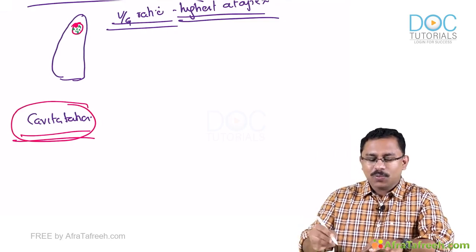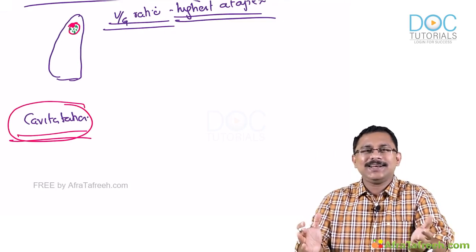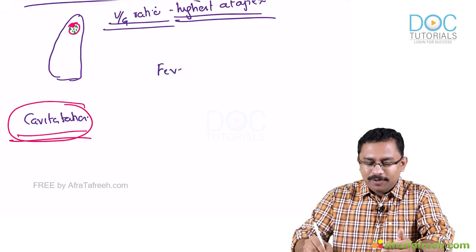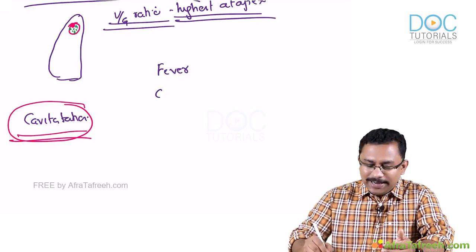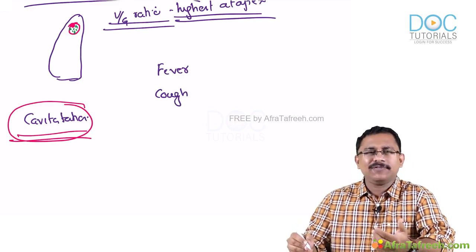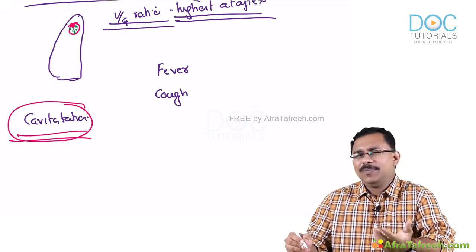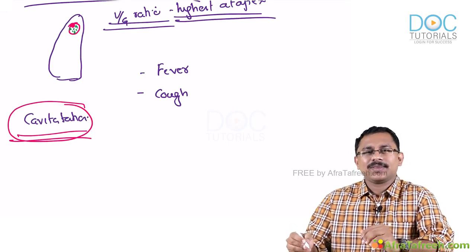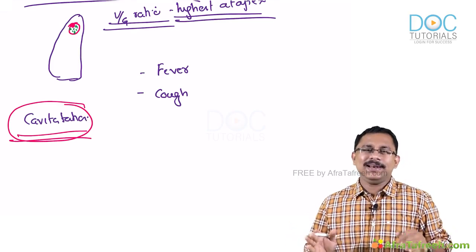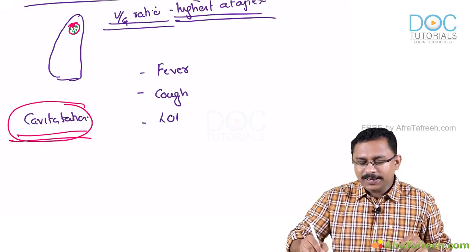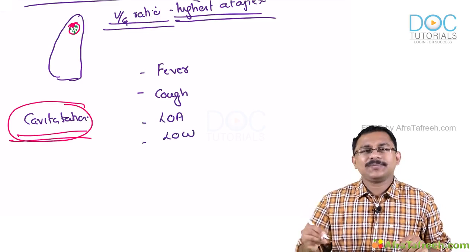So what will be the symptoms when a patient develops a secondary TB? Yes, you can have fever, you can have cough, and the cough is likely to be productive. You can have either a mucoid sputum, mucopurulent, or maybe even a purulent sputum. So fever will be there, cough will be there. But remember, this is a systemic illness, and the patient will be having loss of appetite, loss of weight.